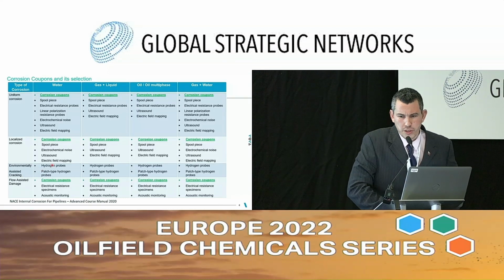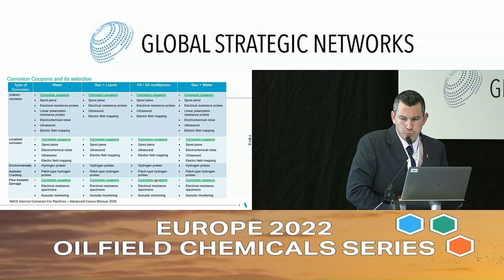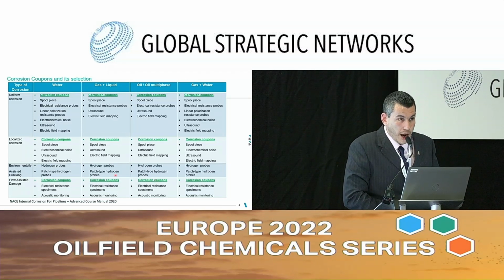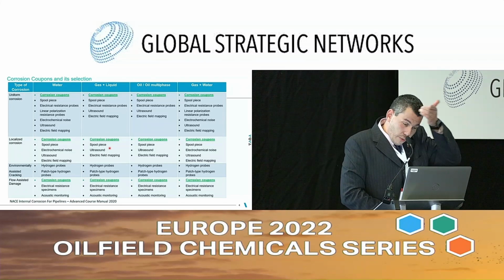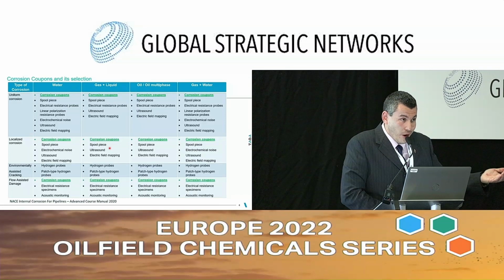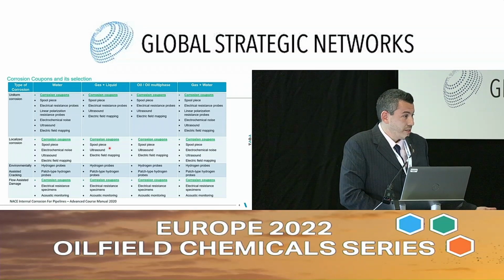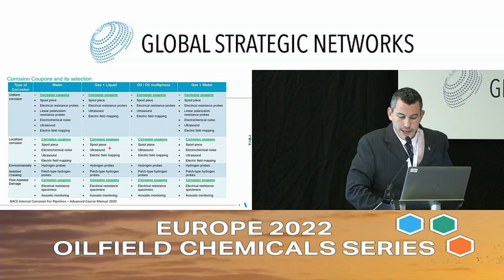That's the only one where you need to look at hydrogen probes or patch-type hydrogen probes. With this, what I want to say is that corrosion coupons are quite useful, and that's why we have been using them since the beginning of operations in oil and gas.